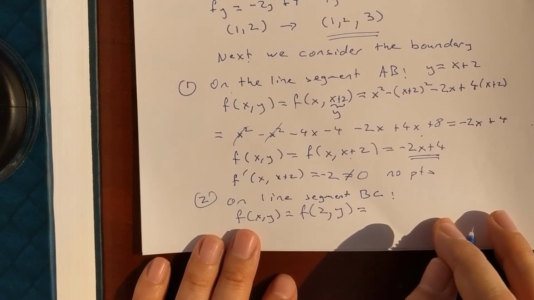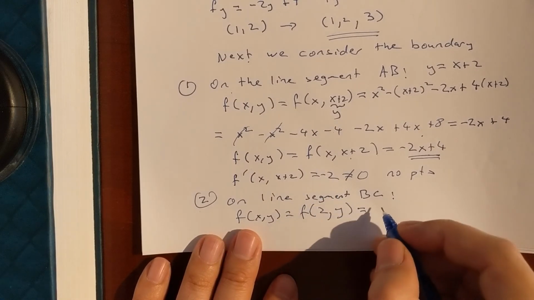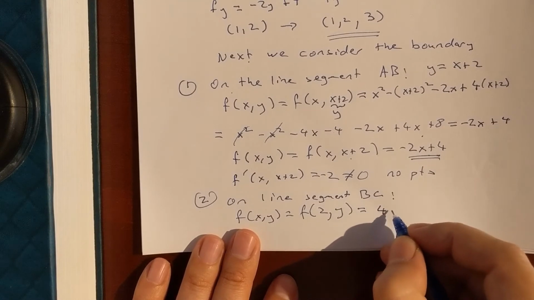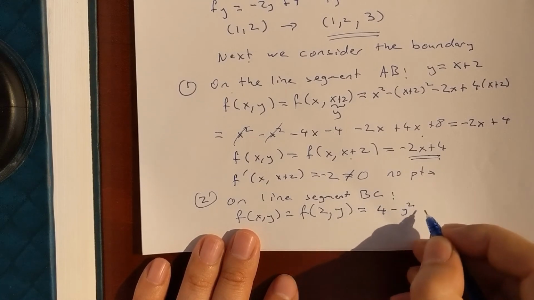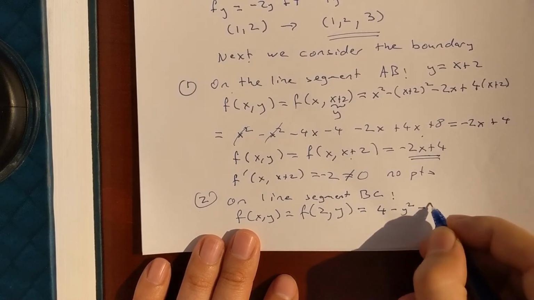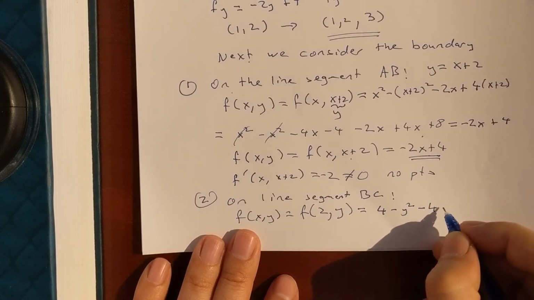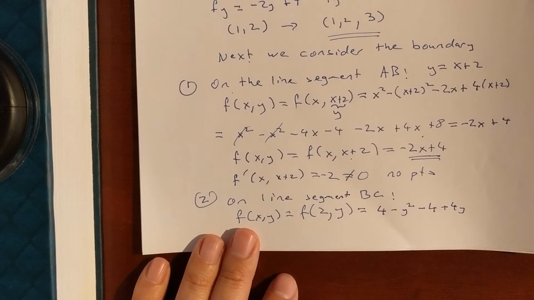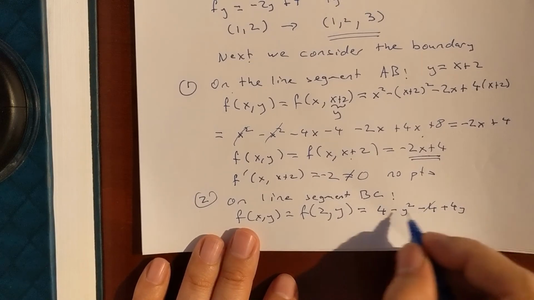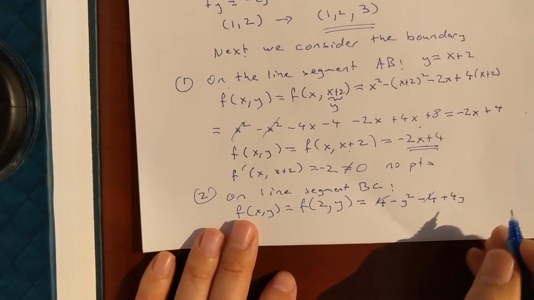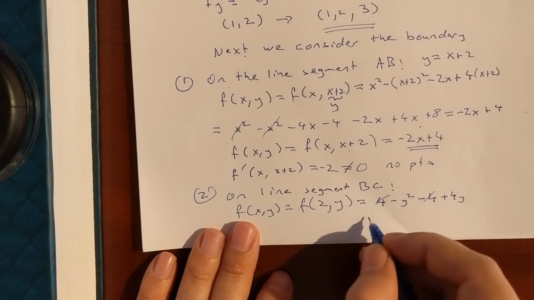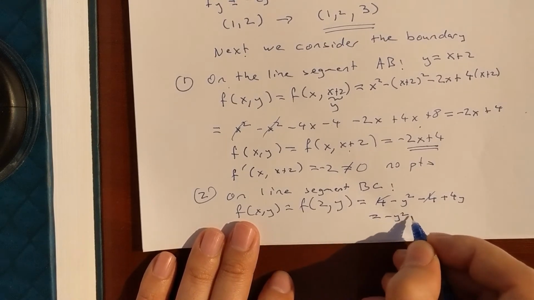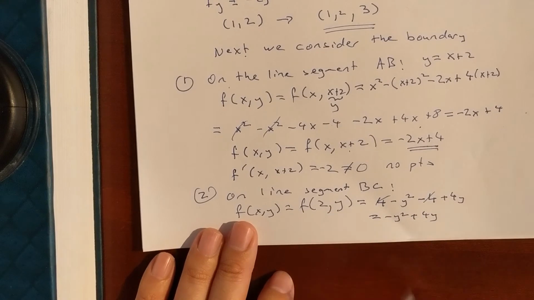If I plug in 2, x squared is going to be 4 minus y squared, minus 2 times 2, that's another 4, plus 4y. These are going to cancel, and we are going to have minus y squared plus 4y.